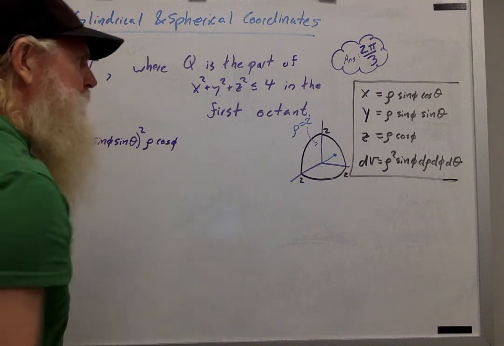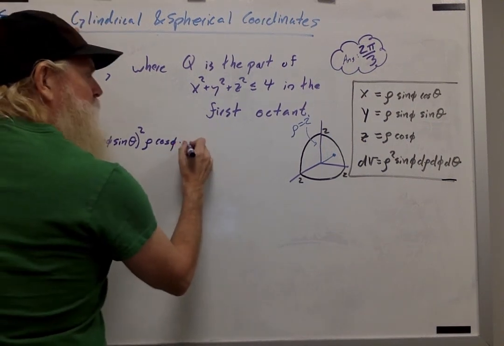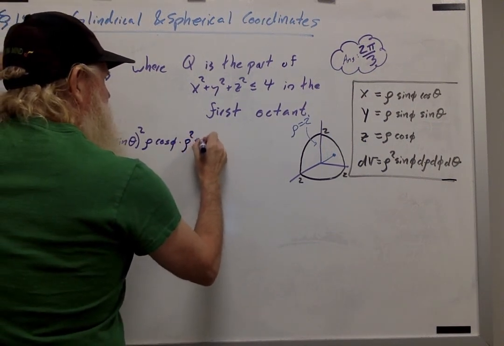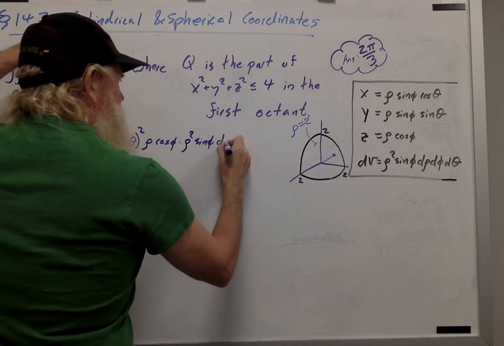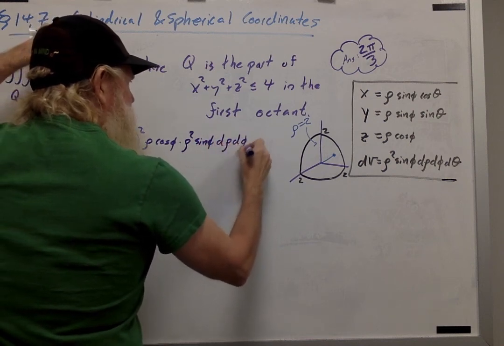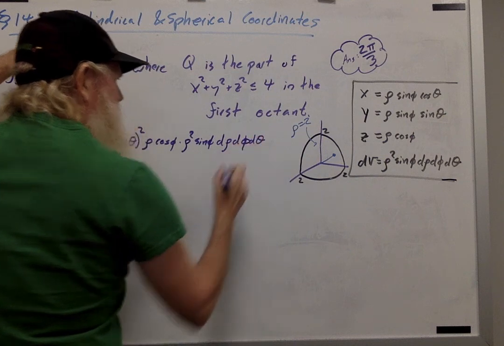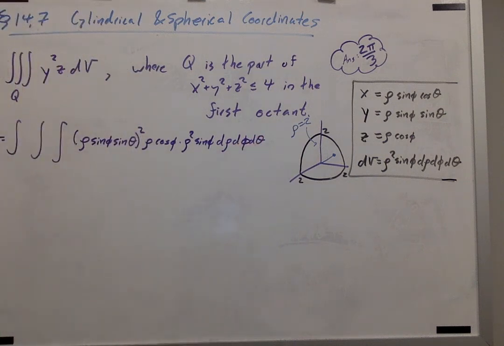And dV is the same as rho squared sine phi d rho d phi d theta. Now, in the next step, we'll simplify the integrand algebraically, but we can go ahead and set up the bounds.